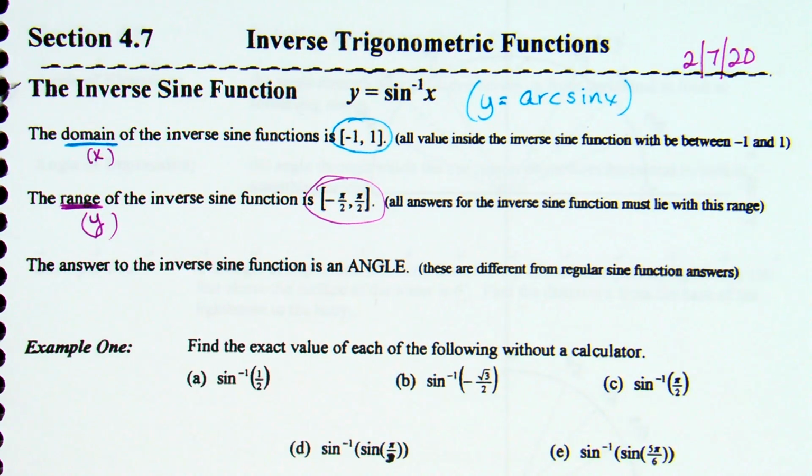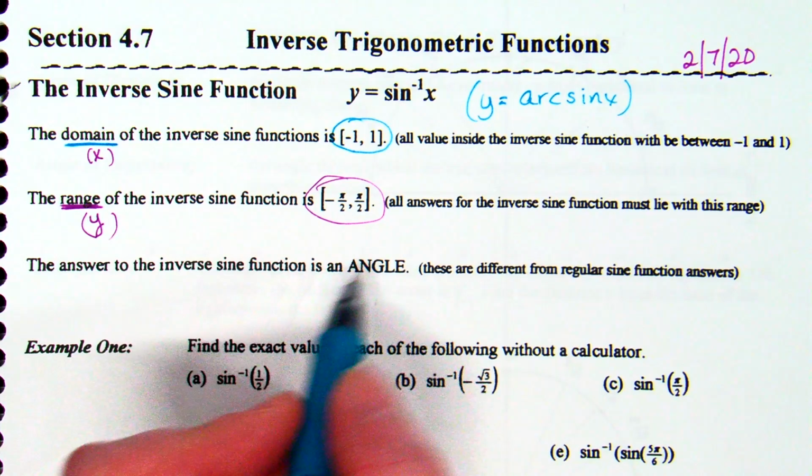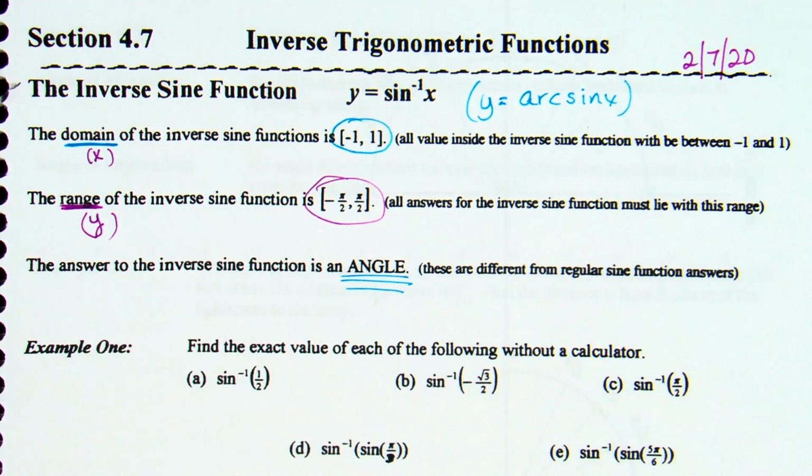So it's going to be reversed, where I'll be giving you the answer on the chart and you have to find the angle. Okay? And that leads into this right here. The answer to the inverse sine function is an angle. Okay? And if you think about it, that should make sense because it's an inverse. And what's the inverse do? It switches the input and output.